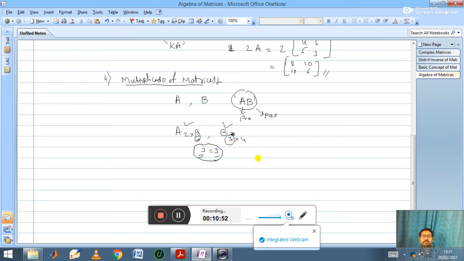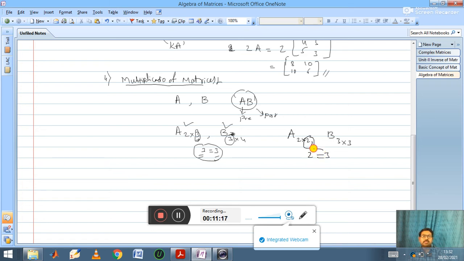Suppose you take one more example. Here I am writing matrix A is of order 2 cross 2 and matrix B is of order 3 cross 3. Here, the number of columns in the first matrix is 2 and the number of rows in the second matrix is 3. So 2 is not equal to 3.